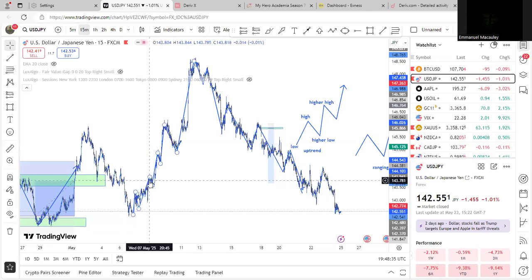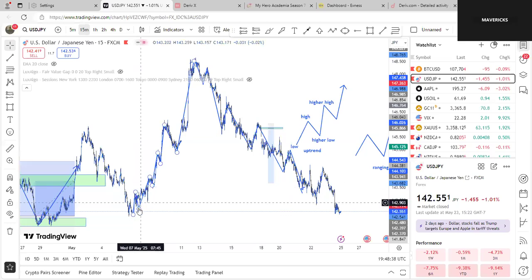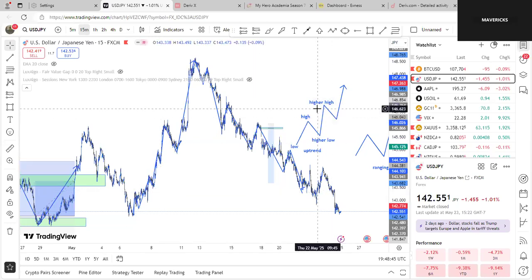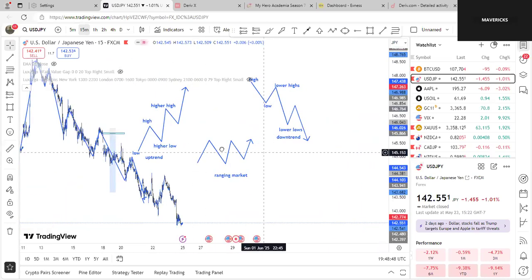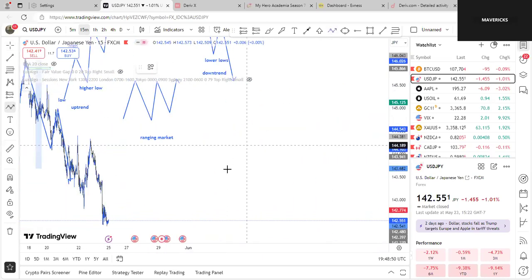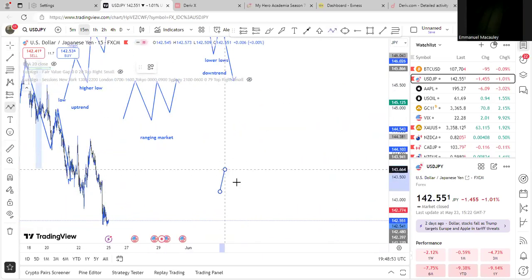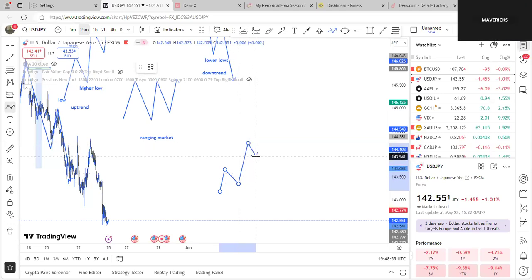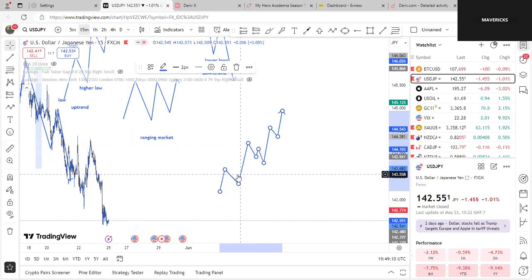A strong low in an uptrend is a low that pushes price upward to break the previous high to create a new higher high. Let me give you an example here. Let's say price is in an uptrend, price is going up. Then price does something like this. In this, you can see that this movement here is different from this straight movement.